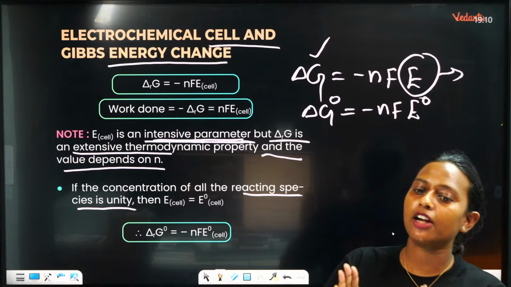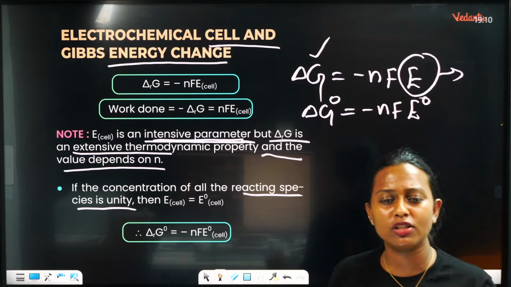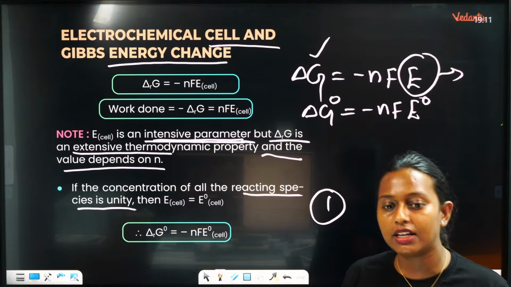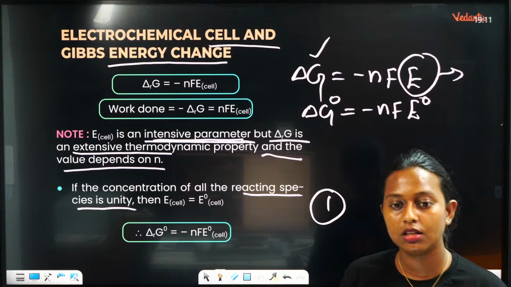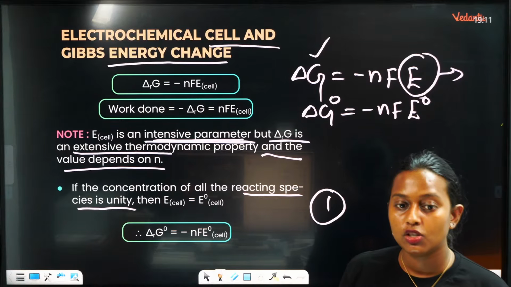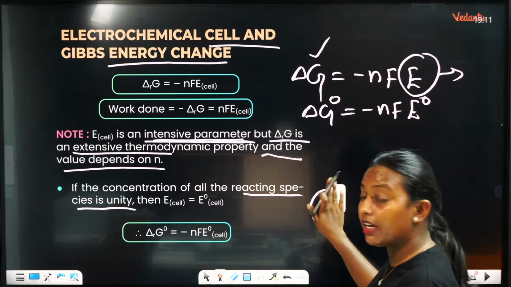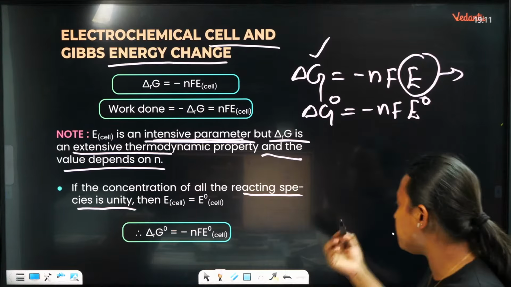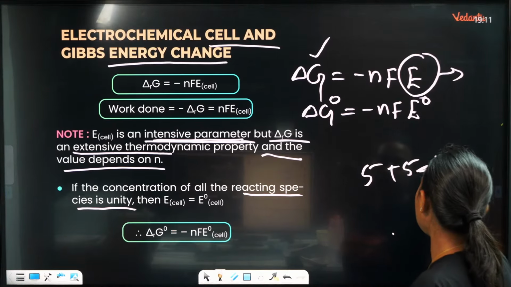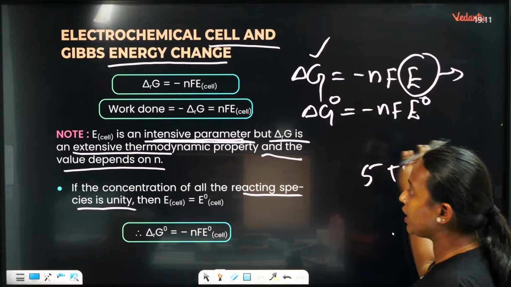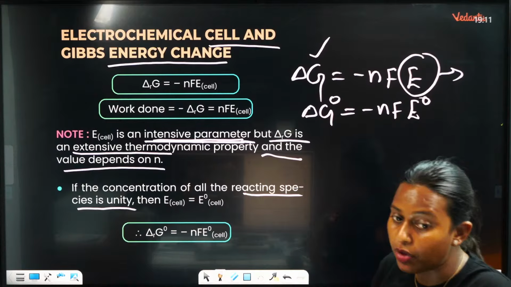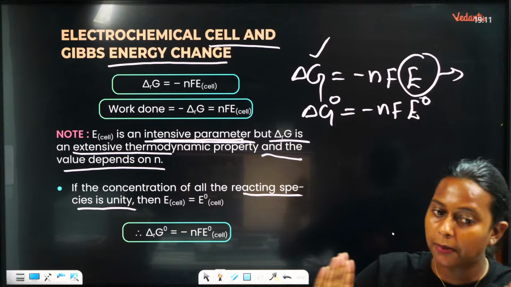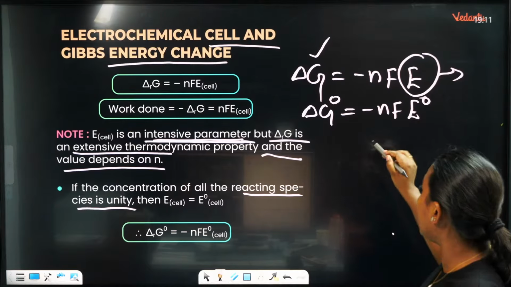When you consider standard condition, the concentration is always 1. If the intensive and extensive distinction is not clear: an extensive property can be added and subtracted directly, like 5 plus 5 is 10. But an intensive property cannot be directly added or subtracted.